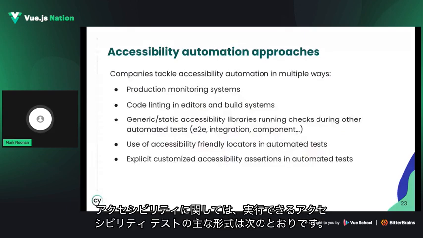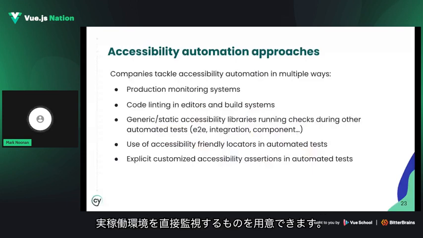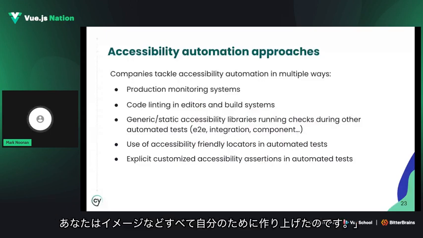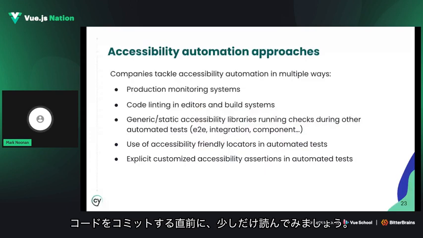For accessibility, these are the main forms of accessibility testing that you could do. You can have things that directly monitor production environments. You can go all the way from that layer into code linting in your editor. That's like, hey, you created an image without an alt attribute, I'm going to give you a little red squiggly right before you commit that code.